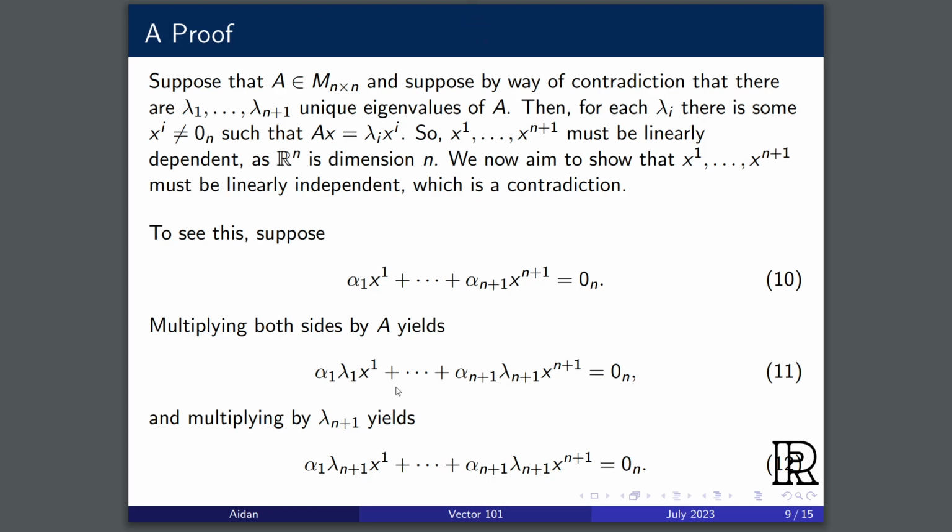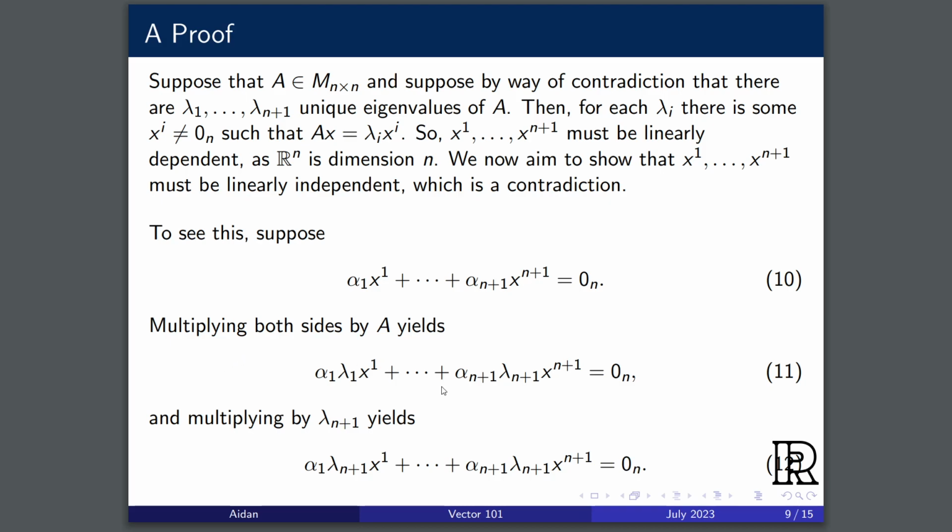So if I multiply both sides of the equation by A, we're going to multiply lambda 1 times x1, lambda 2 times x2, up to lambda n plus 1 times x n plus 1. That's what happens when you multiply by A. This works because A distributes over this linear combination, and also A times 0 is always 0.